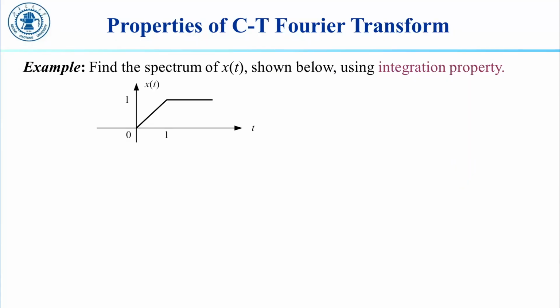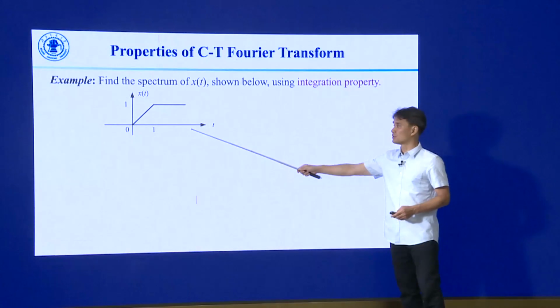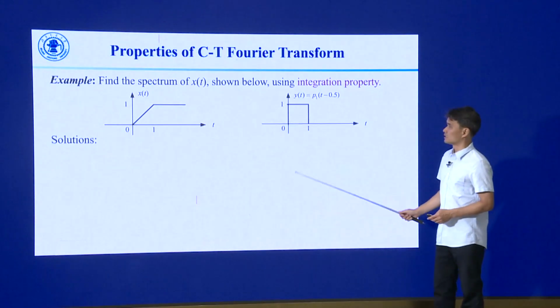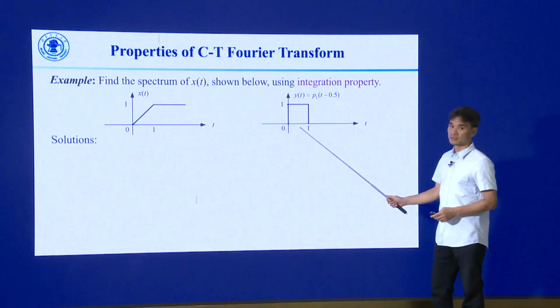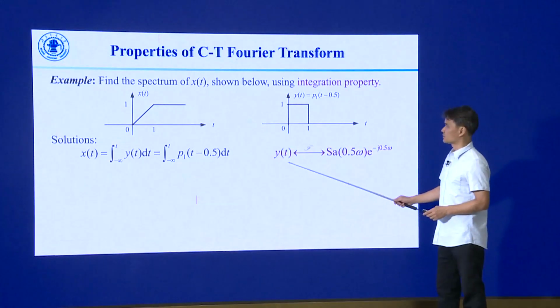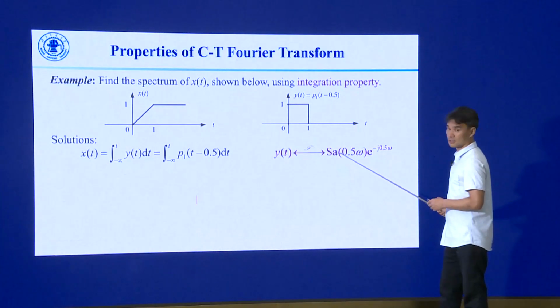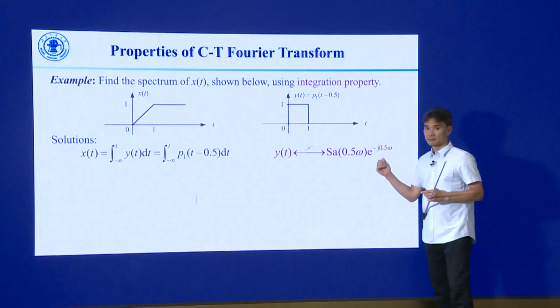Here is one example. Find the spectrum of x(t), and we know that this x(t) can be treated as an integration of a shifted rectangle signal. For the shifted rectangle signal, its spectrum is a sampling function with a phase shift.